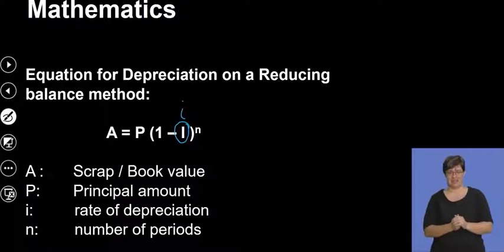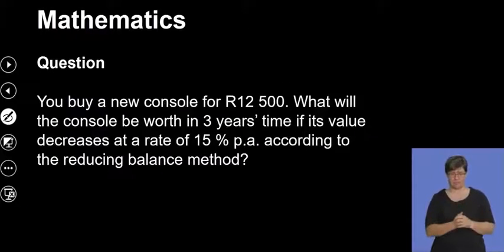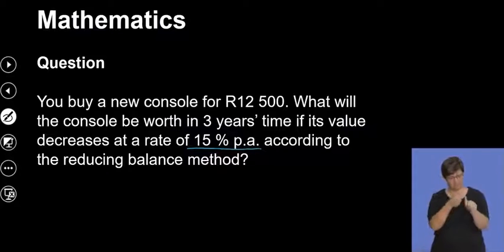But let's try and put all of this into perspective with a question. Now, you buy a new console, let's say a PlayStation 5 or an Xbox Series, for 12,500. What will this console be worth in 3 years' time if its value decreases at a rate of 15% per annum according to the reducing balance?